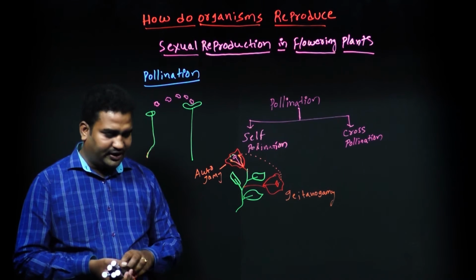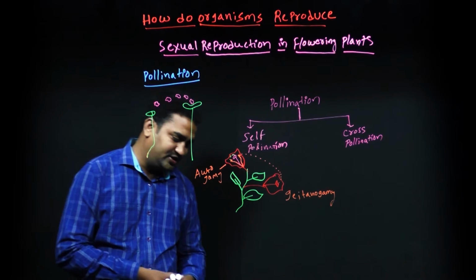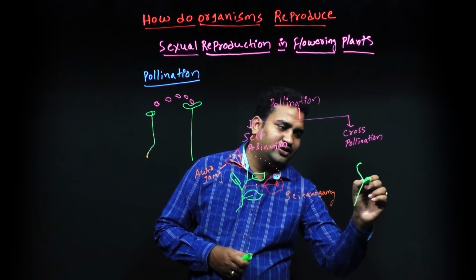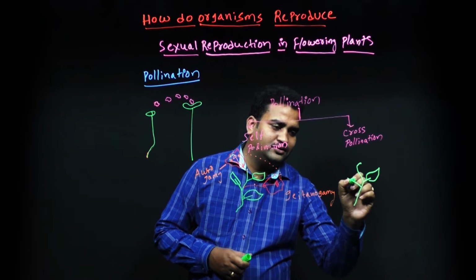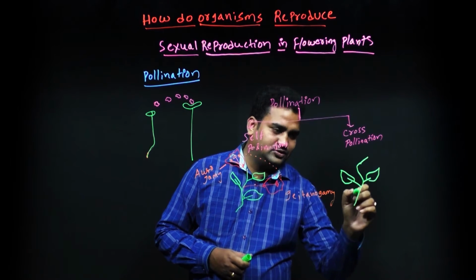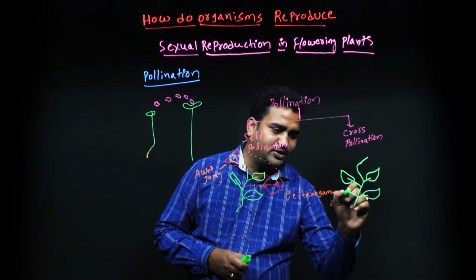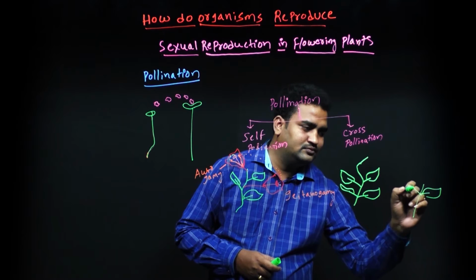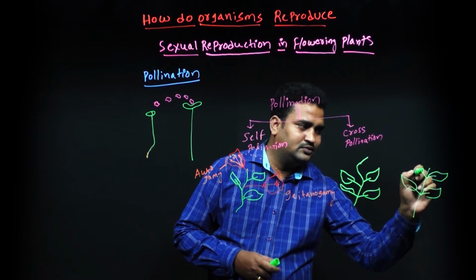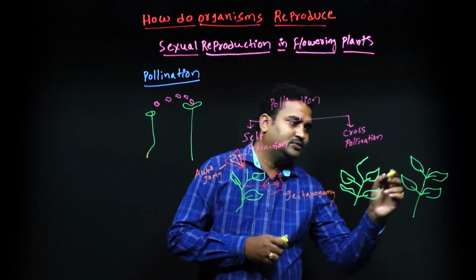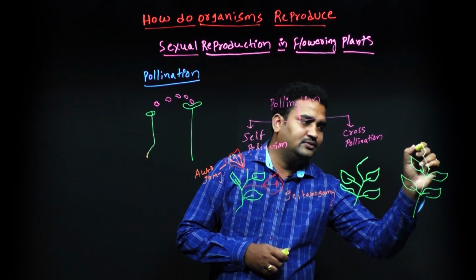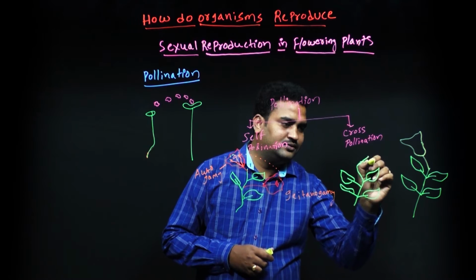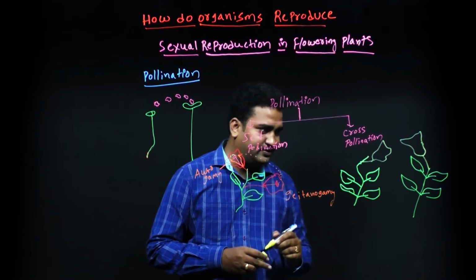Now let us talk about cross-pollination. Cross-pollination occurs between two different plants. So for example, this is one plant and this is another plant. So this is the flower and this is another flower.